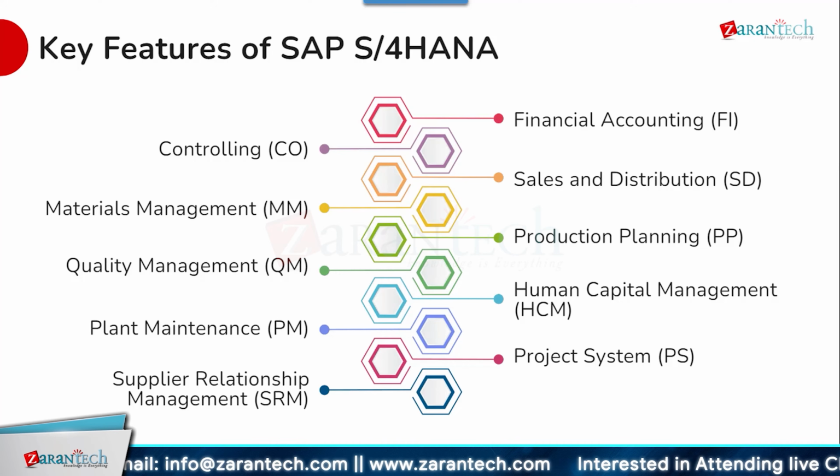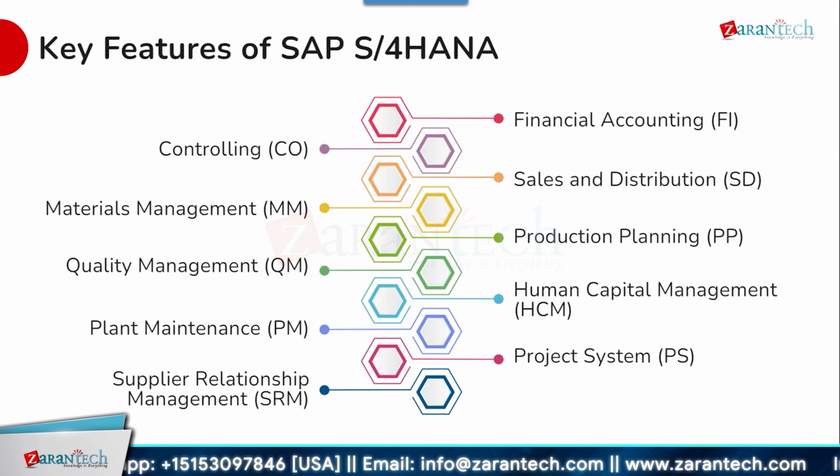So this powerful suite offers you a range of integrated modules to streamline your business processes. So let us dive into each of its features. The first one is financial accounting or FI. It is designed to handle the company's financial transactions. It ensures accurate financial reporting and compliance.